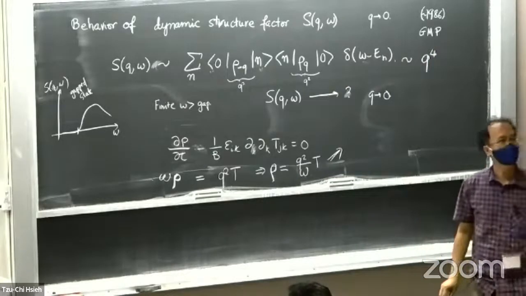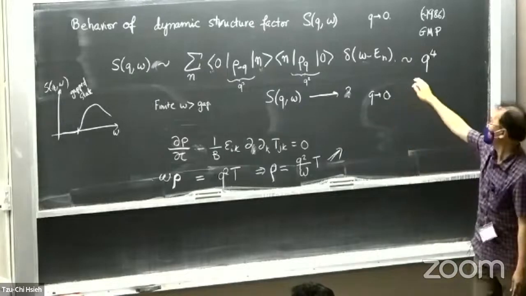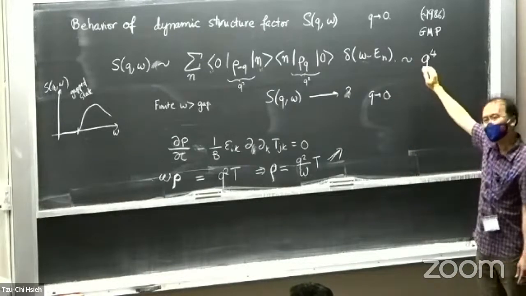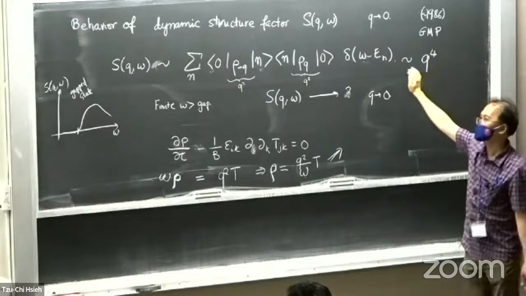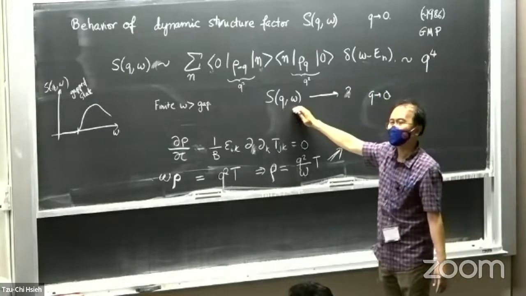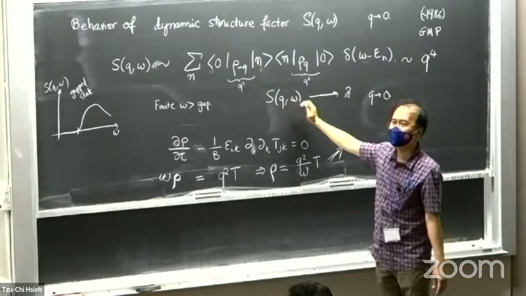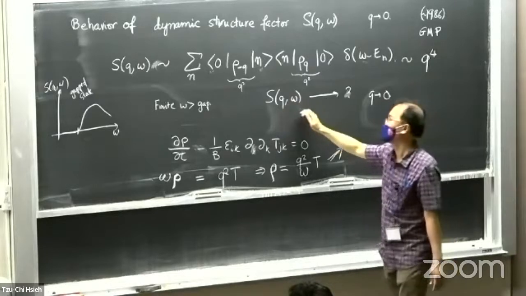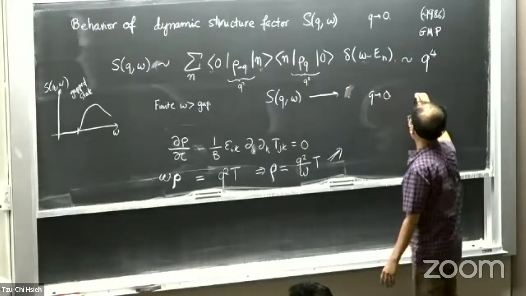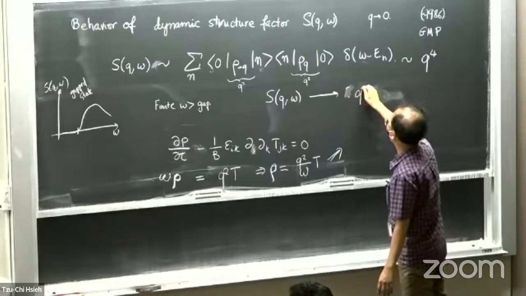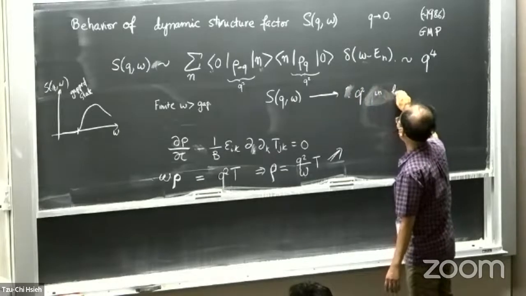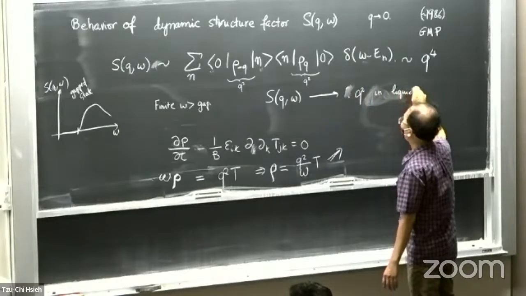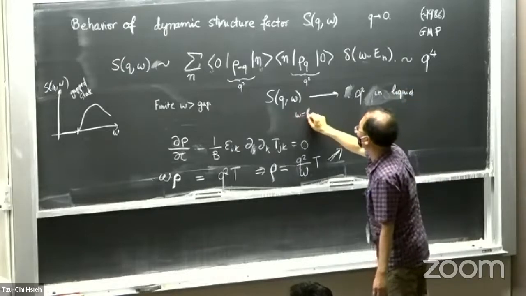This is a behavior that is different from the usual behavior of the density dynamic structure function. For example, in a usual liquid, like superfluid helium, this would behave like Q squared in the regime of fixed omega.